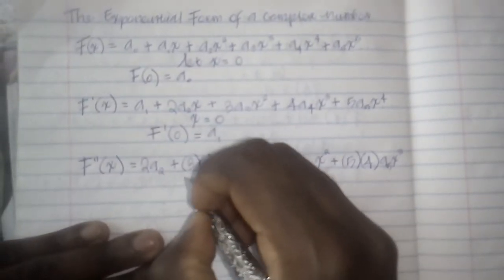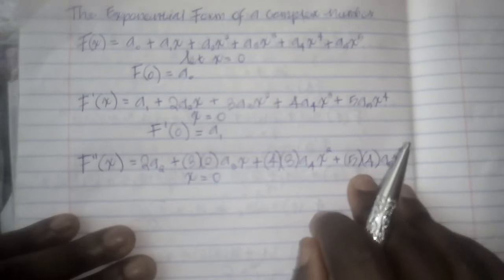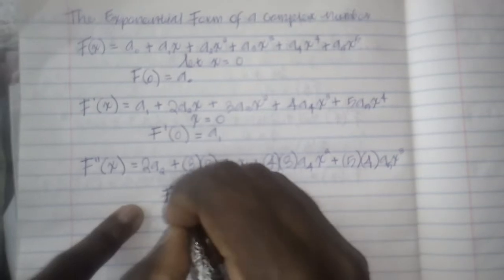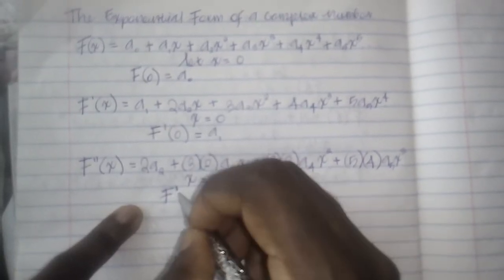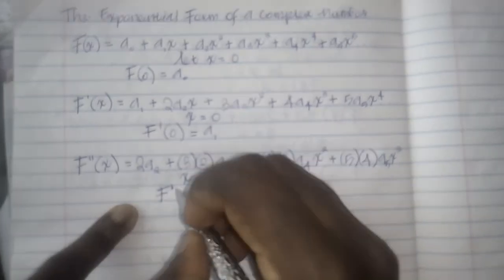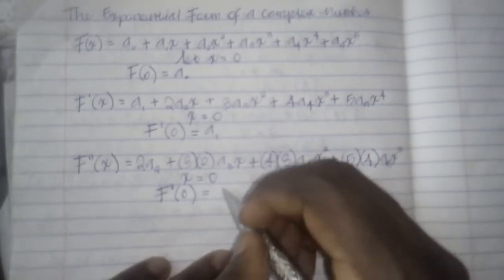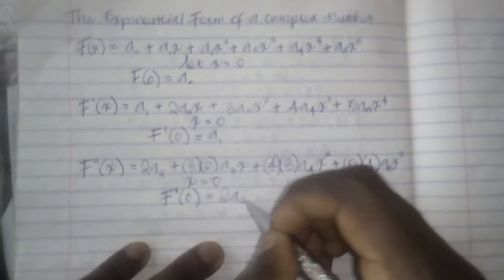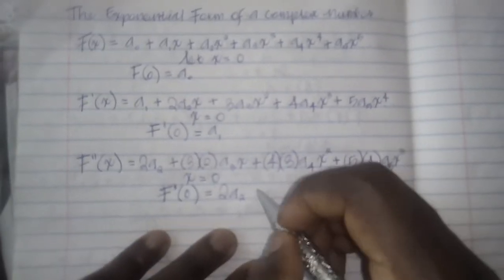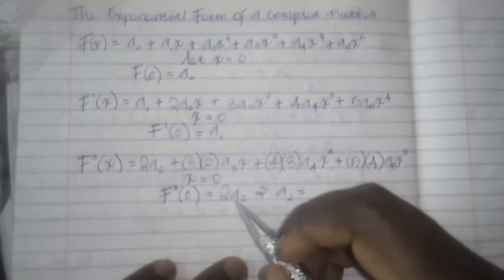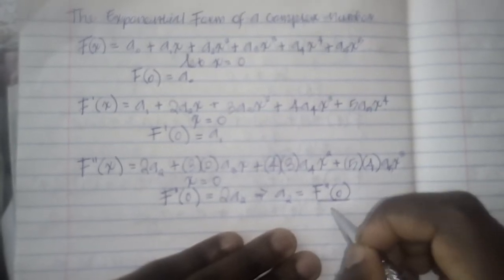Now we let x equal to 0, and you remain with 2a2, meaning that a2 is equal to f prime prime of 0 over 2.